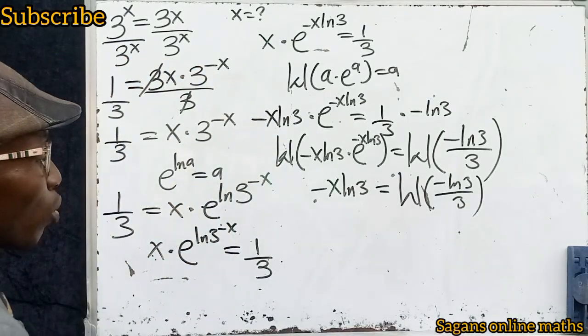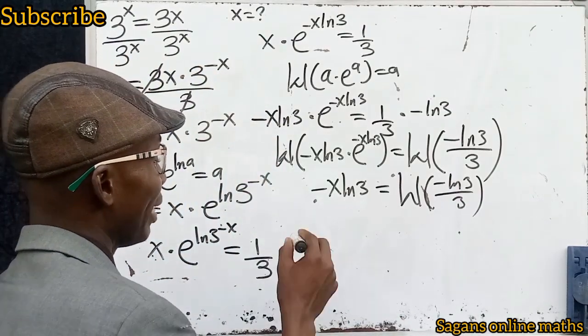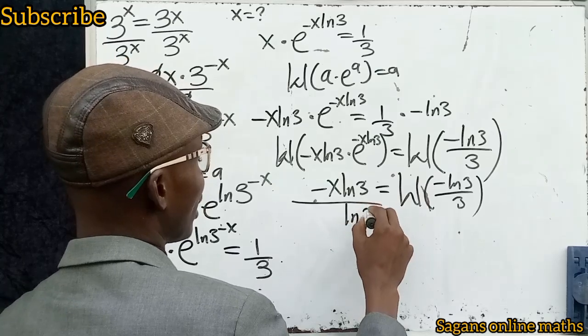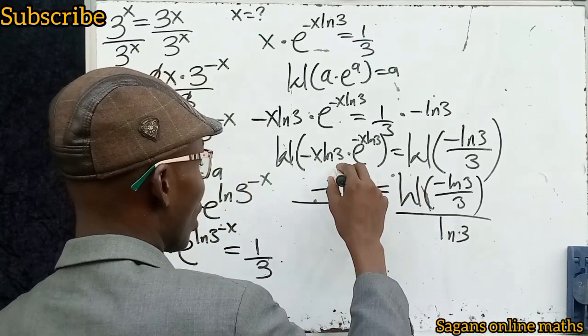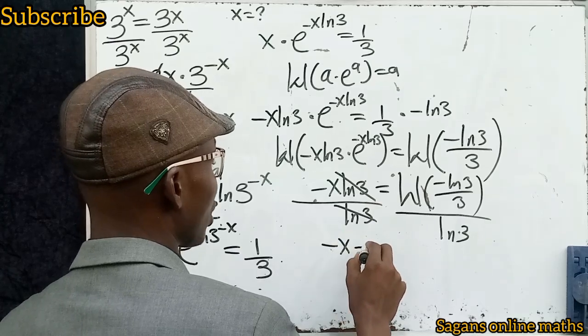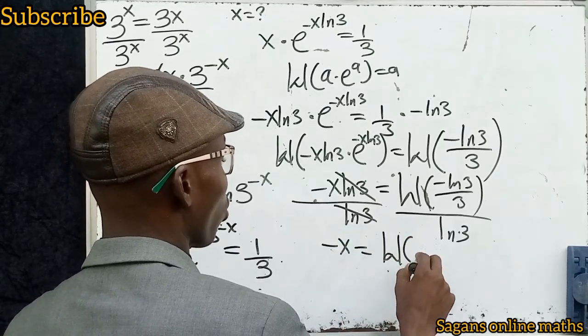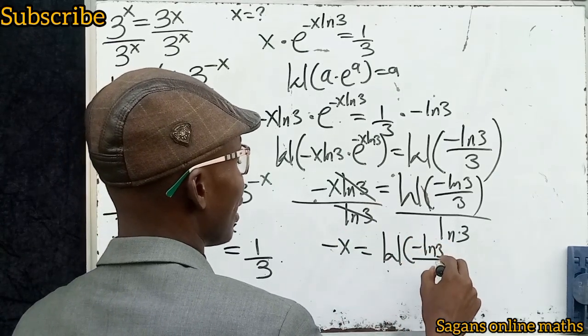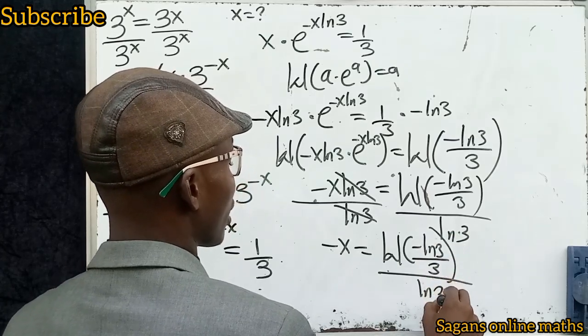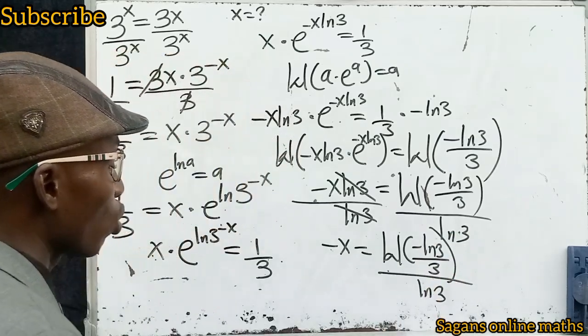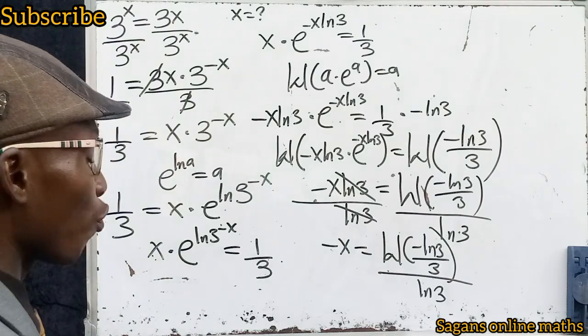Now what we are going to do here is to divide both sides by ln 3. Remember, we are looking for x. Divide here by ln 3 and divide this by ln 3. Now this will cancel out this, right? Now see that minus x is equal to the W function of minus ln 3 divided by 3, all divided by ln 3. Now how are we going to make this work? Because our target is to find x, not to find minus x.